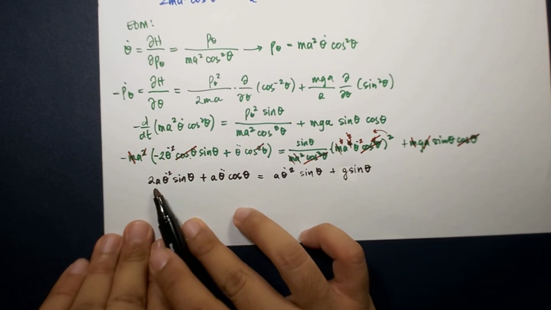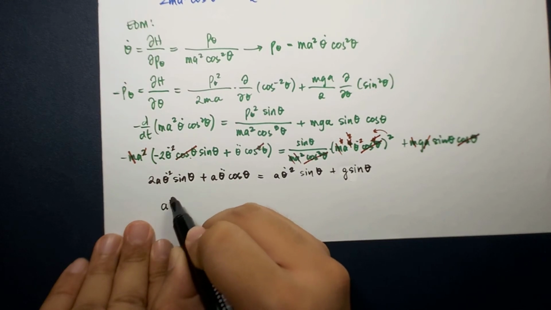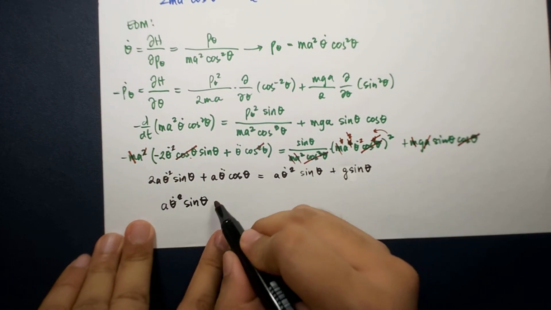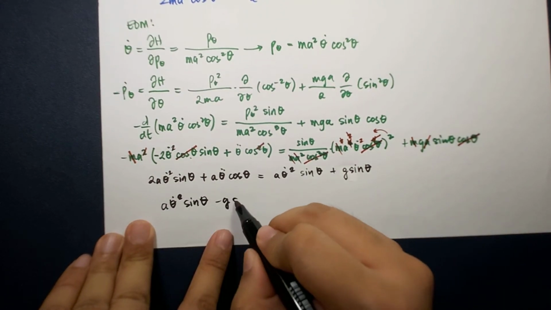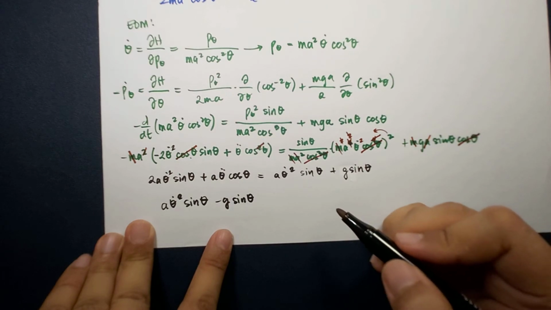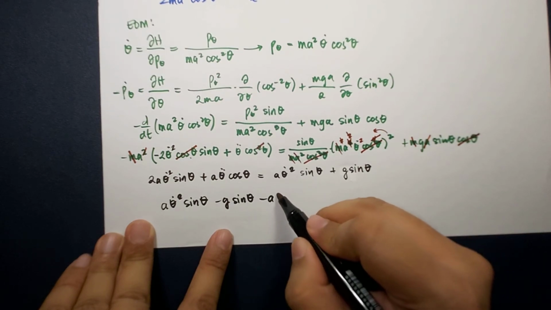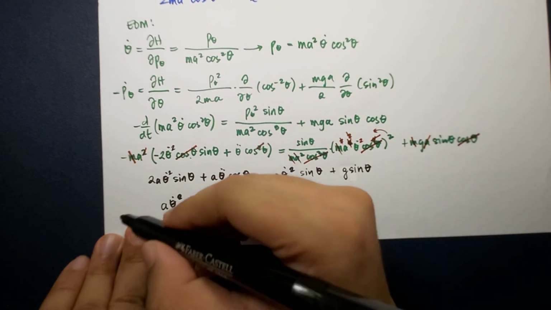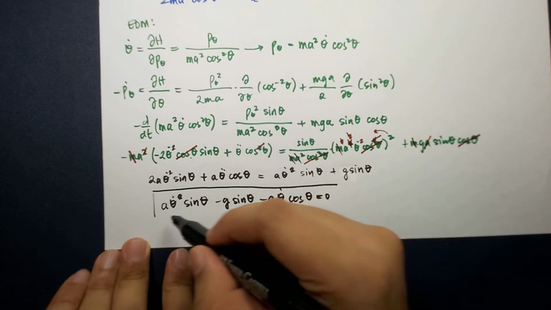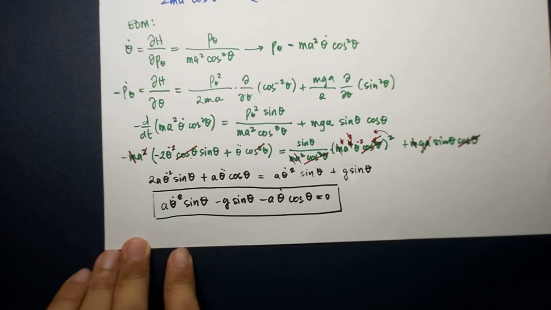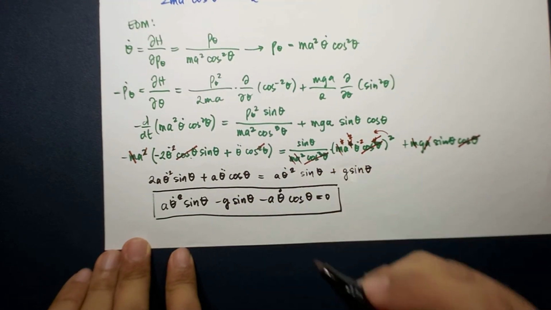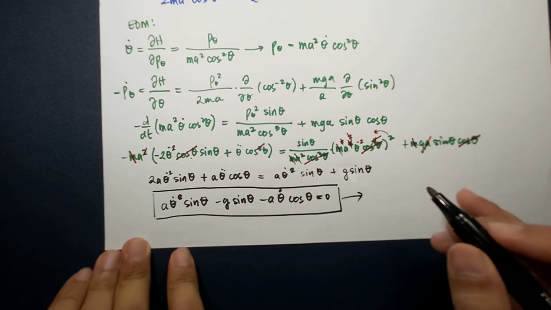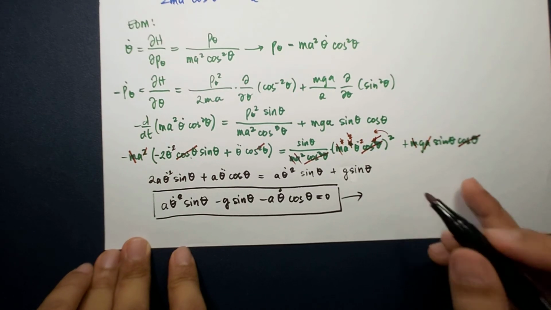So this becomes a theta dot squared sine theta minus g sine theta minus a theta double dot cosine theta equals 0. So this is now your equation of motion. Okay, so this is what we actually got when we used the Euler-Lagrange equation.